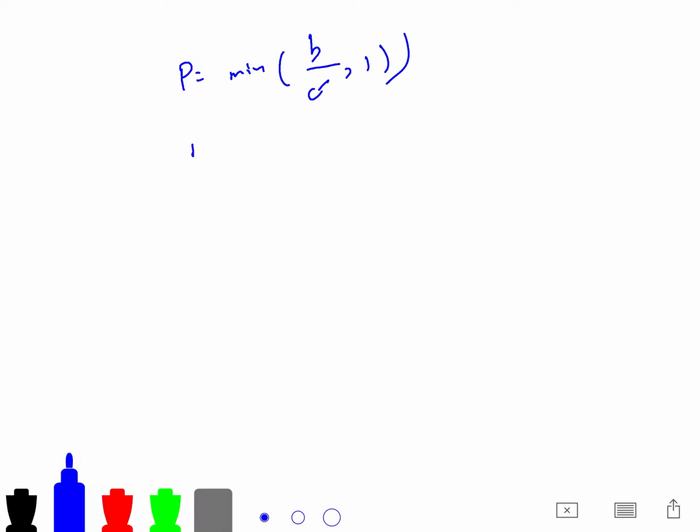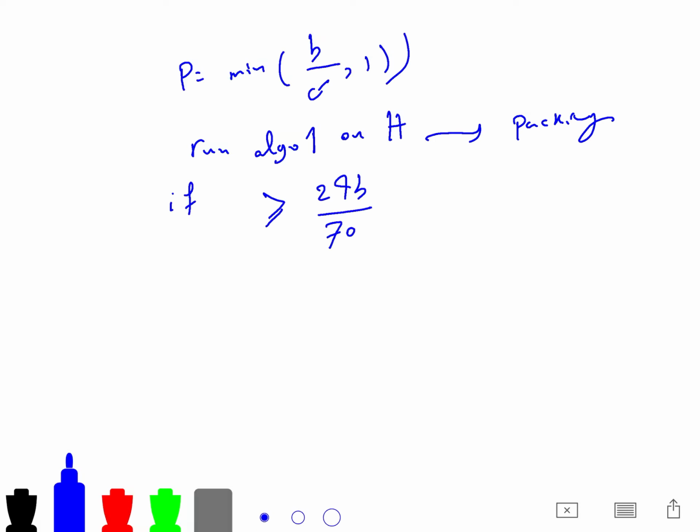We run algorithm 1, but this time on H. The output is a tree packing. If the packing has weight greater than 24B70, we set C prime to C prime over 6. Finally, we return some trees sampled uniformly at random.